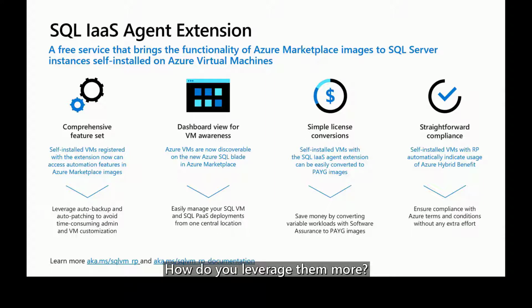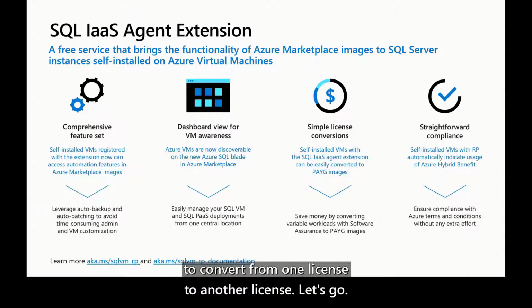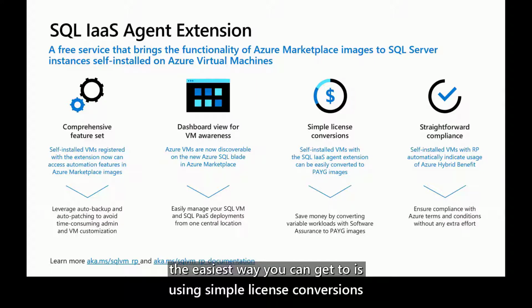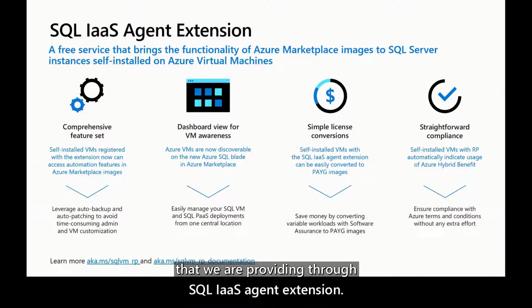How do you leverage them more? You need a way to convert from one license to another. I will talk more about licensing in the future slides, but to convert from one license to another, the easiest way is using simple license conversions that we provide through the SQL IaaS Agent Extension.